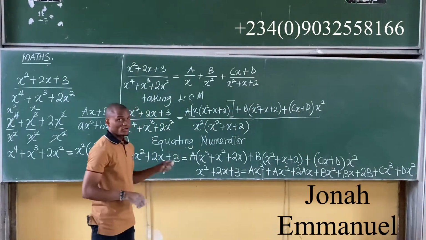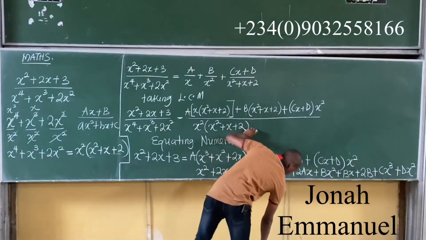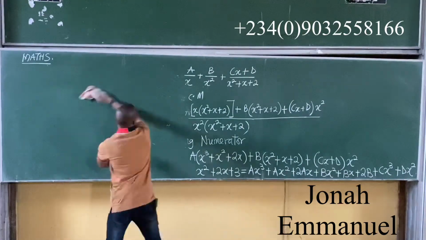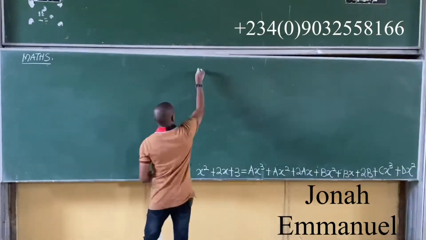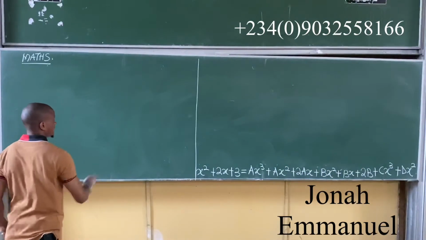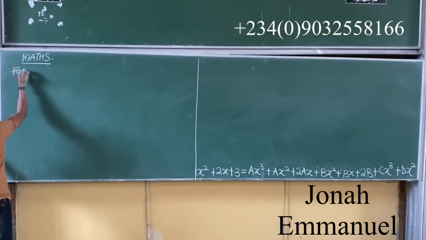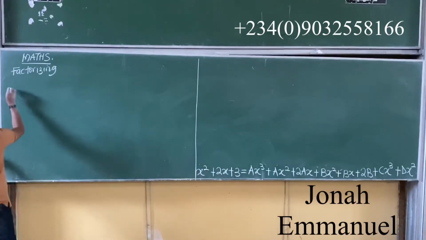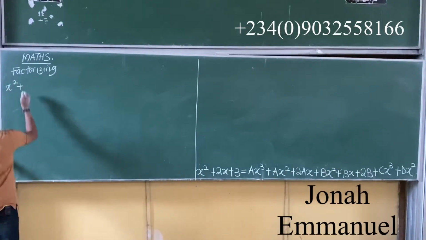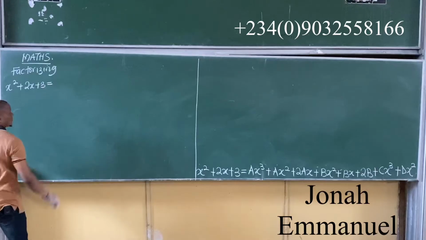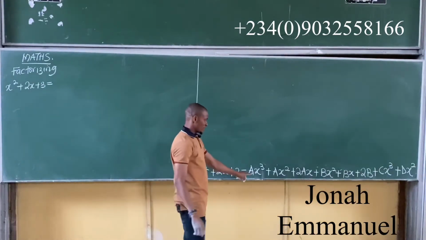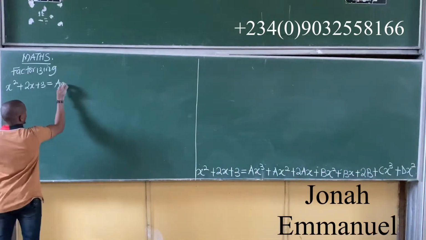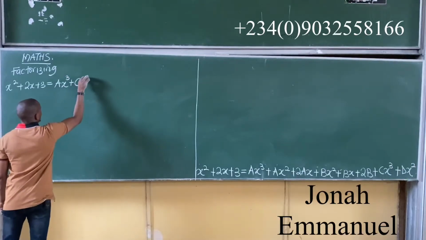Next up, I'll have to factorize this. So factorizing, I have that x squared plus 2x plus 3 is equal to, start with the ones with x cubed: ax cubed plus cx cubed.